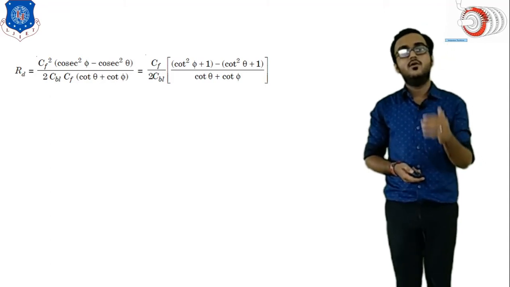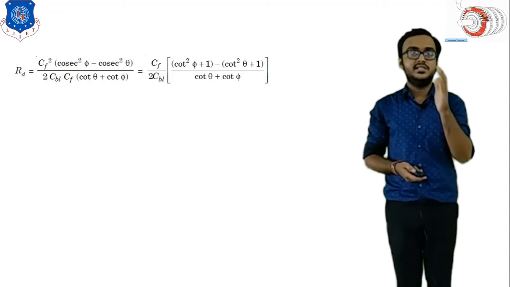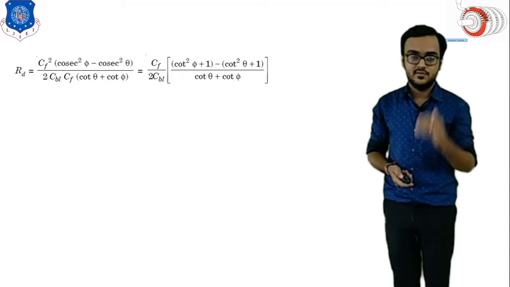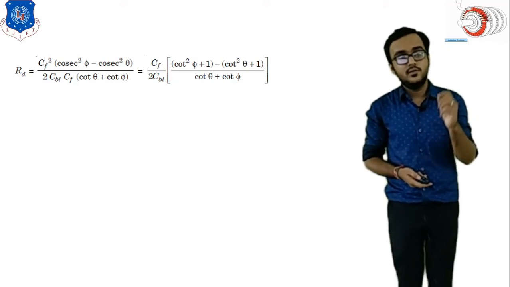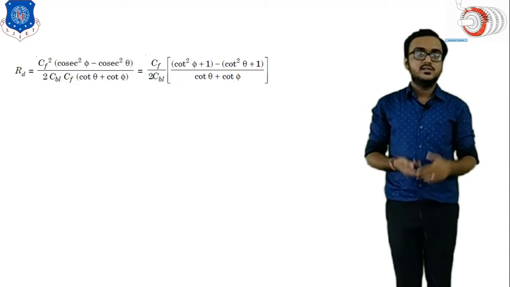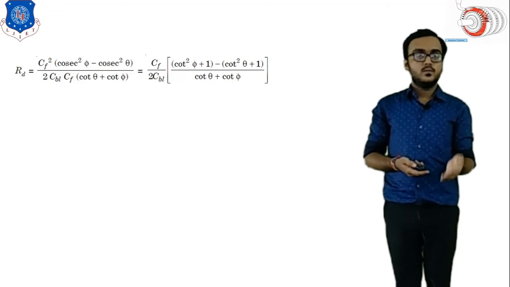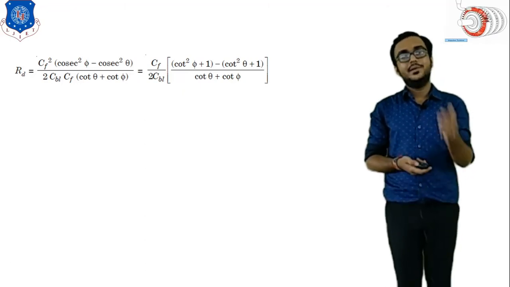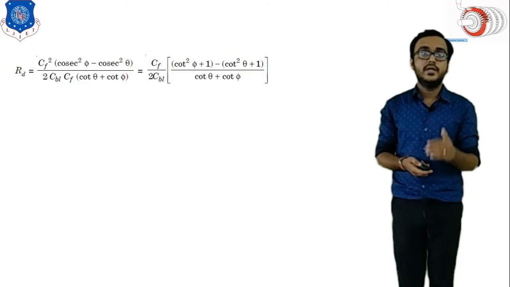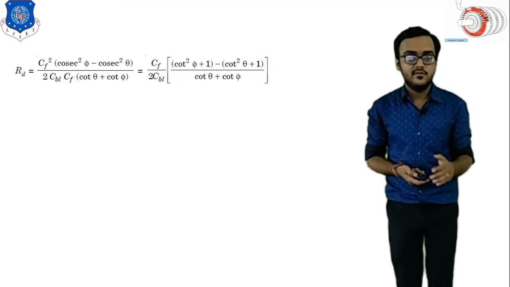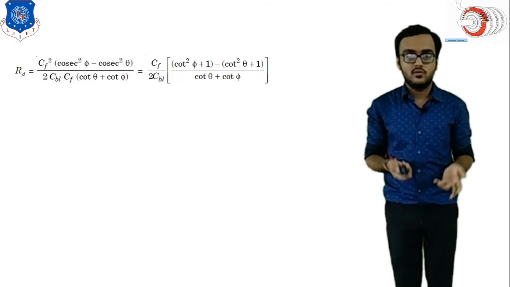To do so, just put the values of CRO, CR1, Cw1 and Cw0 in this equation. So you will get the degree of reaction like this: Cf square into bracket (cosec square phi minus cosec square theta) divided by 2 times Cbl Cf inside bracket (cot theta plus cot phi).